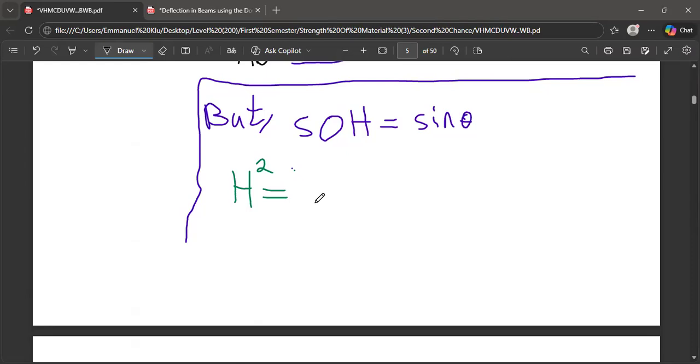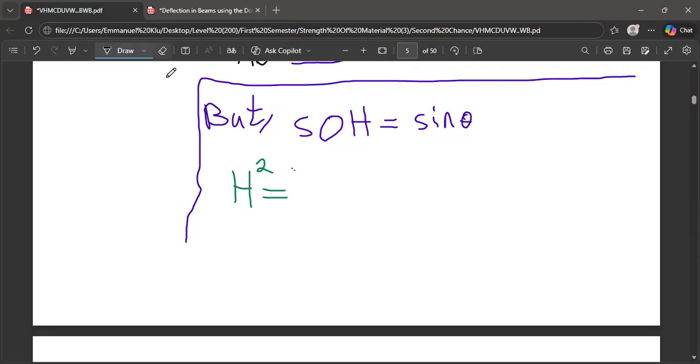X squared plus Y squared. Okay, that is the members in the x-axis, and then plus the members in the y-axis. So the members in the x-axis in this case is the height times the base.